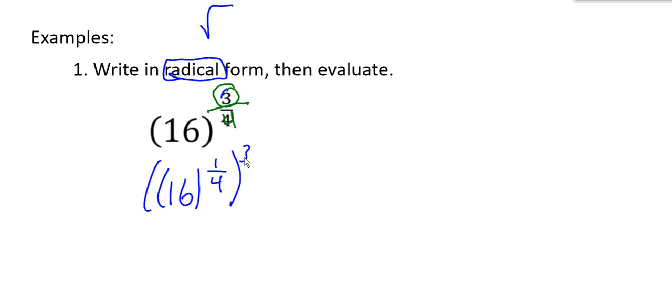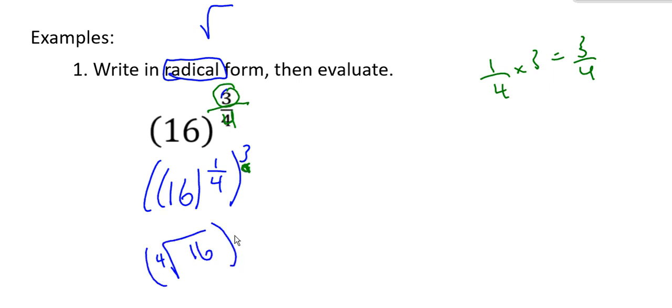So I'm going to separate that into two pieces. There's the 3, my good old-fashioned happy exponent, and then this new thing, which is to divide by 4. So that's 1 over 4, and you know that 1 over 4 times 3 is still 3 over 4, so I haven't changed anything. I've just pulled that fraction apart, because now I can clearly apply my exponent law, which says that this is actually the fourth root of 16 cubed.